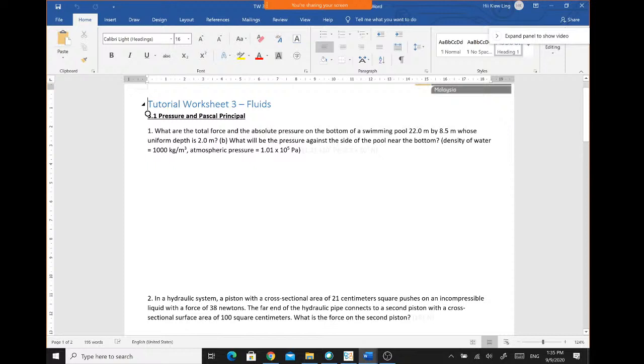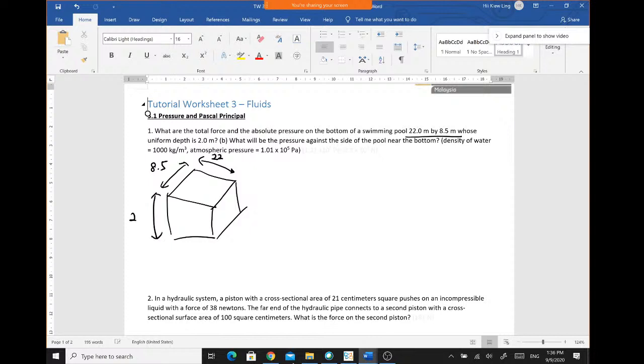So what are the total force and the absolute pressure on the bottom of a swimming pool? You have a swimming pool. The dimensions of the swimming pool are 22 meters times 8.5 meters with a depth of 2.